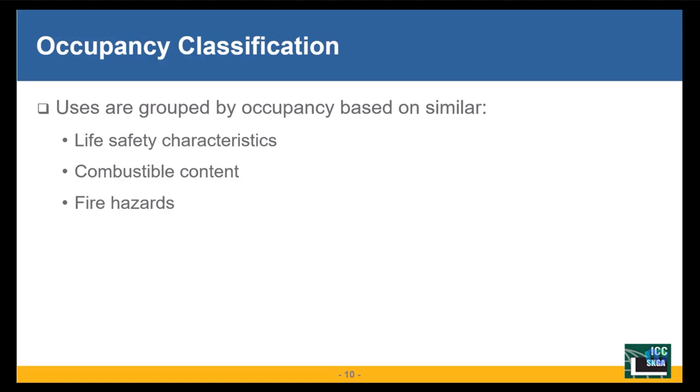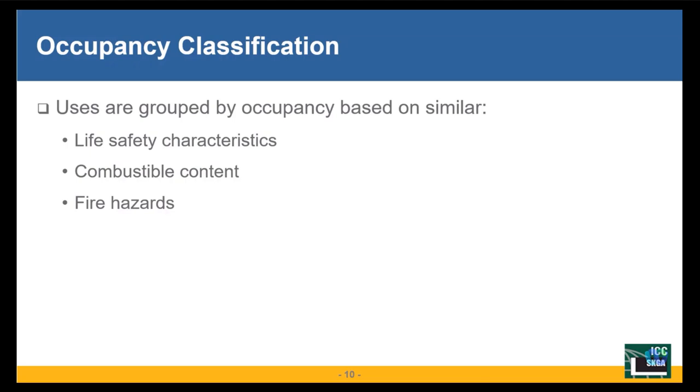Because like I said earlier, the risk in a school, an E occupancy, is not the same as for a factory, an F1, or a hazardous occupancy, an H1. So we can't apply the same code requirements for every building. It is not realistic and of course not cost effective.